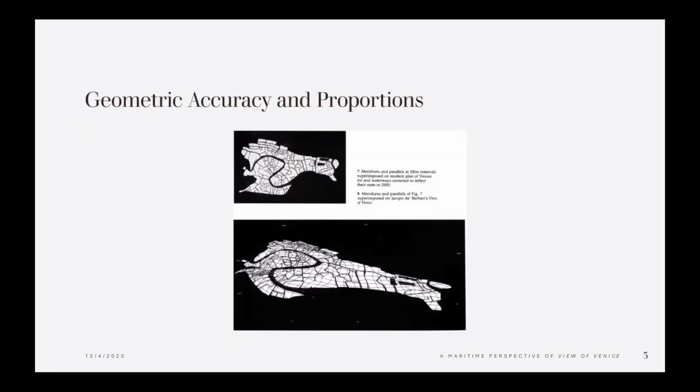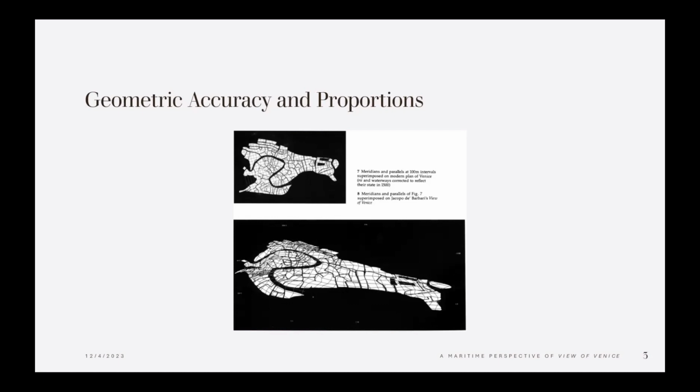I almost want to compliment Jacopo with his ability to accurately portray Venice from a view that could not have been done at the time with a literal reference photo.